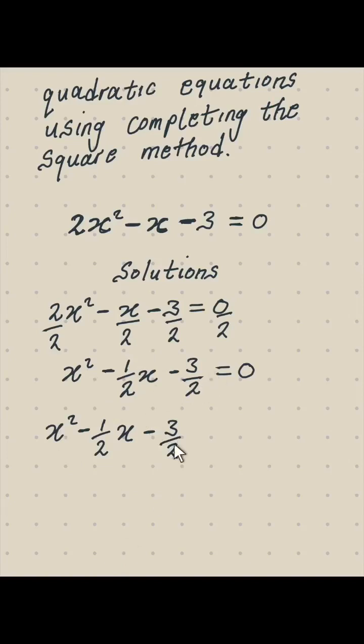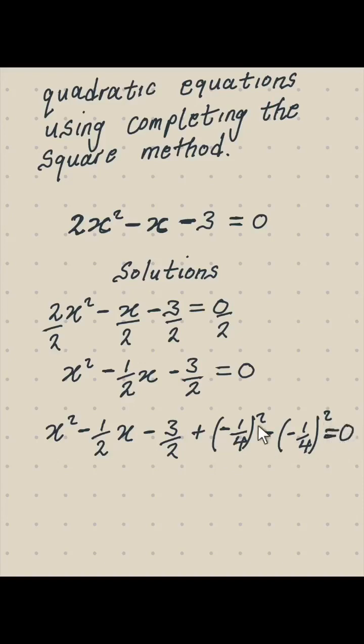And then that half will be added and subtracted at the same time. So we're going to say plus negative 1 over 4 squared minus negative 1 over 4 squared is equal to 0.